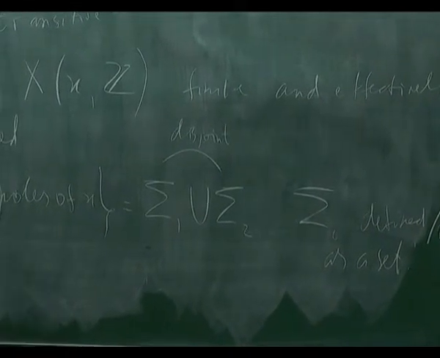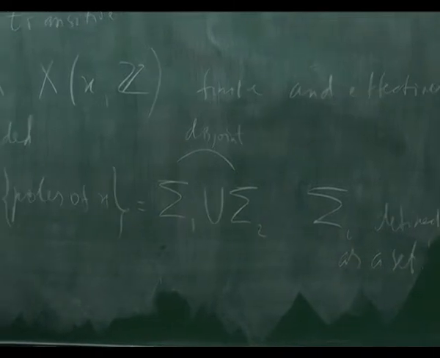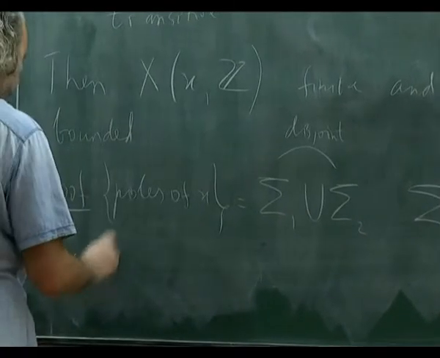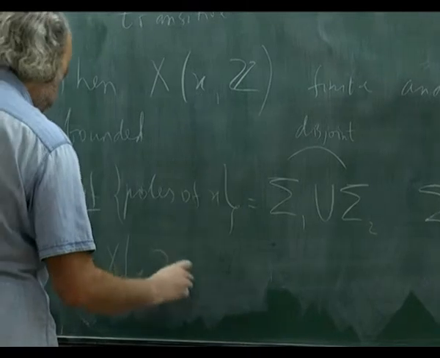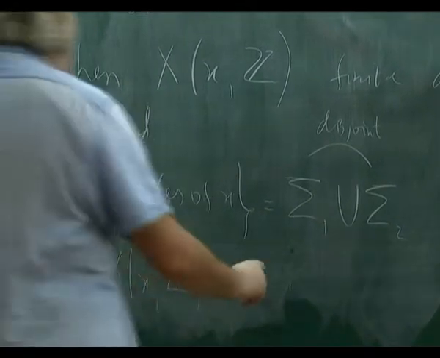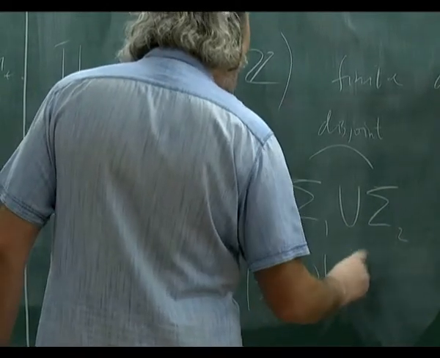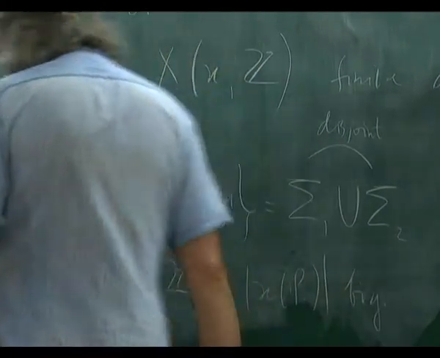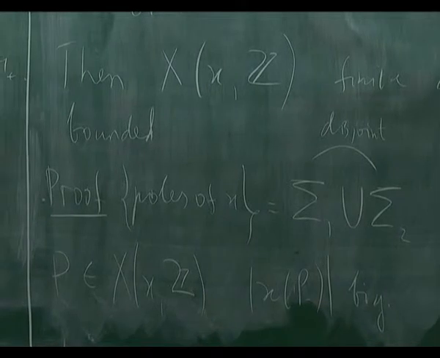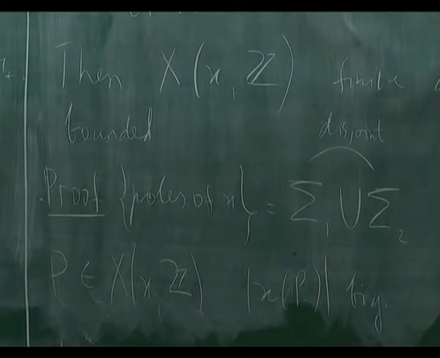Now assume that we have a P in X with X of P large or big. Big means, again, that P is close to a pole.